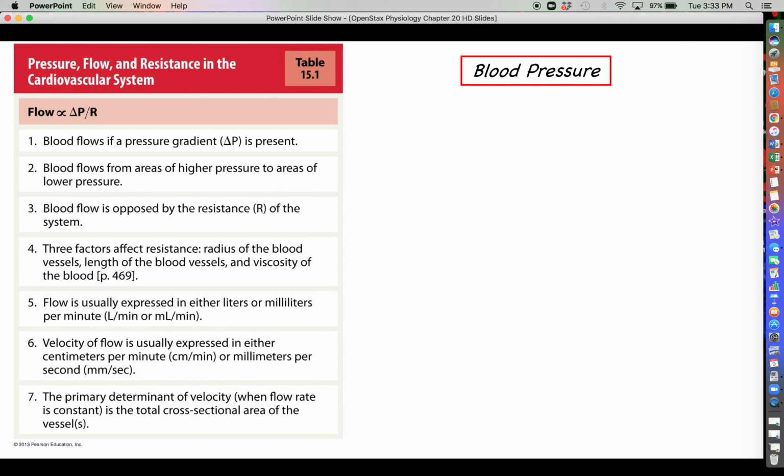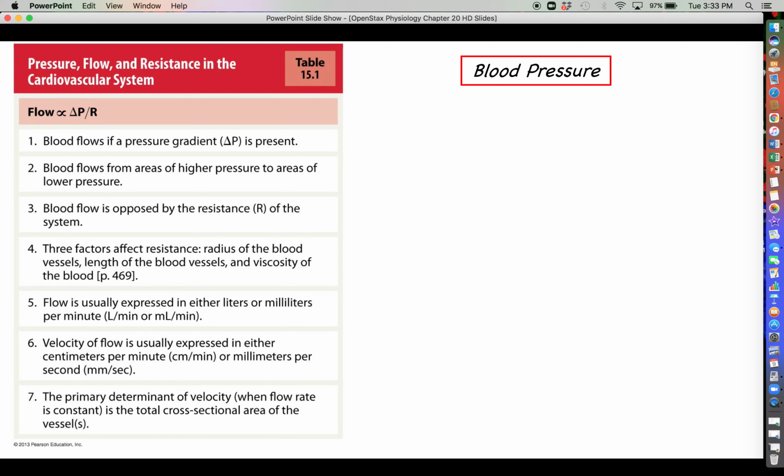Before we start specifically talking about blood pressure, let's review a little of what we've discussed about blood flow. This handy table from a different textbook, not the one that you have, does a pretty nice job of summarizing some of what we've already talked about. Number one, blood will flow if there is a difference in pressure between 2 points.